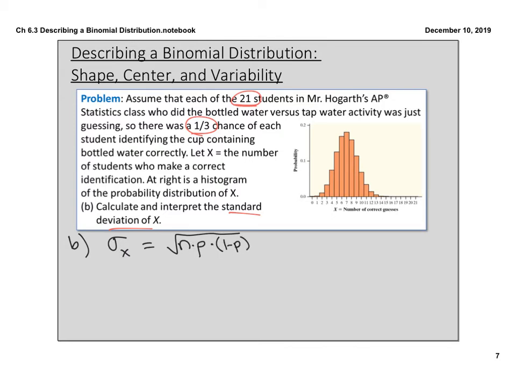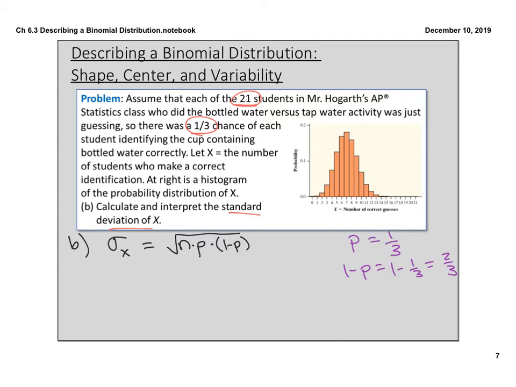That 1 minus p value is like the probability of failure. So if p is equal to 1/3, that means that 1 minus p is equal to 2/3. Basically, 1/3 of the students are going to guess correctly, but 2/3 are going to guess incorrectly.